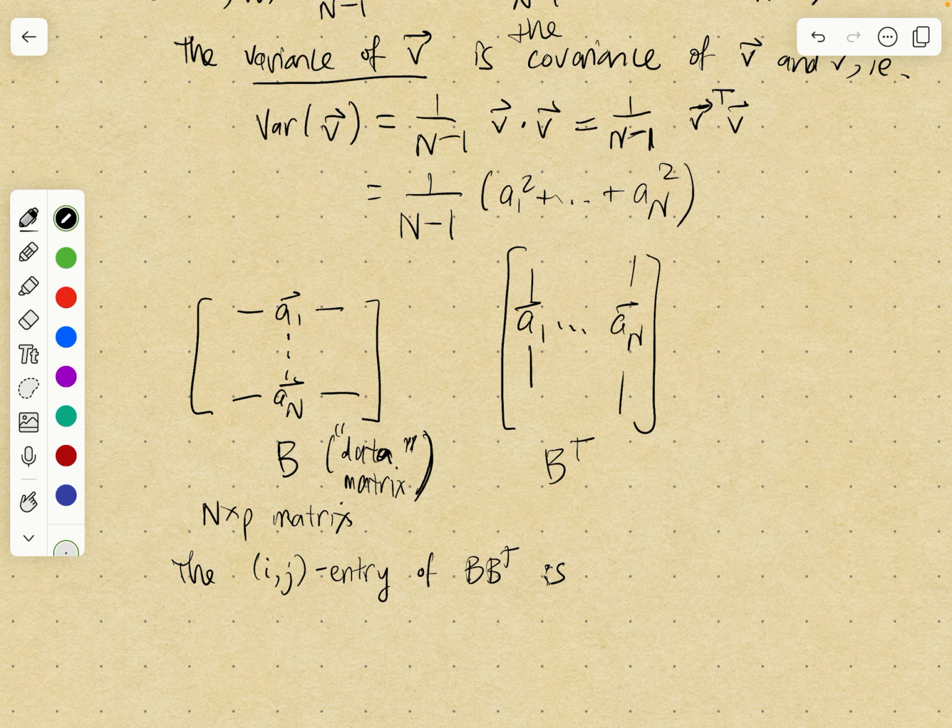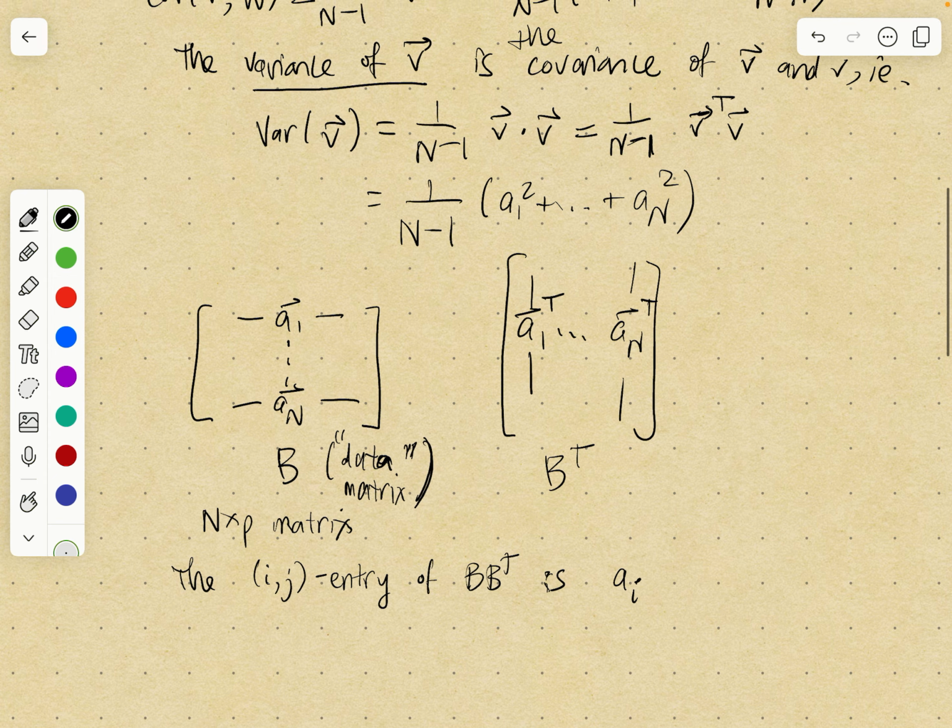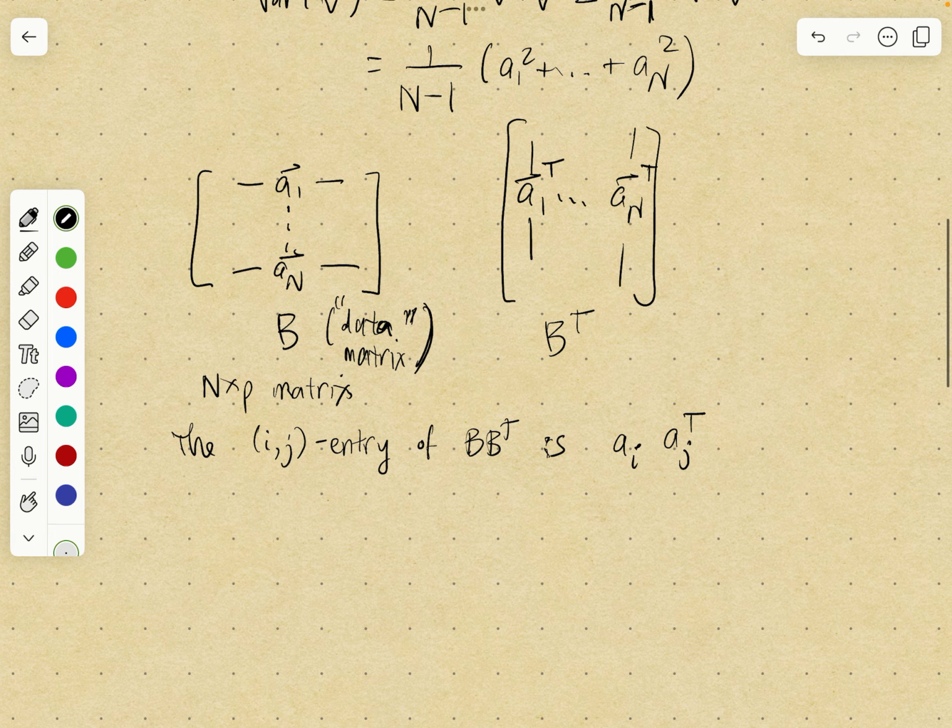You take the ith row of B and then you dot it with the jth column of B transpose, and that gives you the product. So I guess these are A1 to AN transpose. It's just AI, this vector, times AJ transpose. Right, but that's just going to be the dot product of AI with AJ.